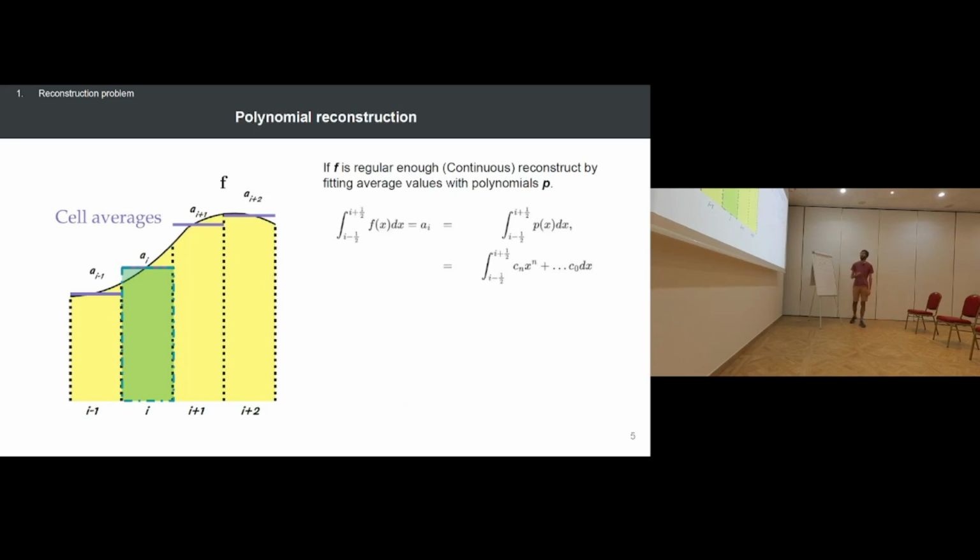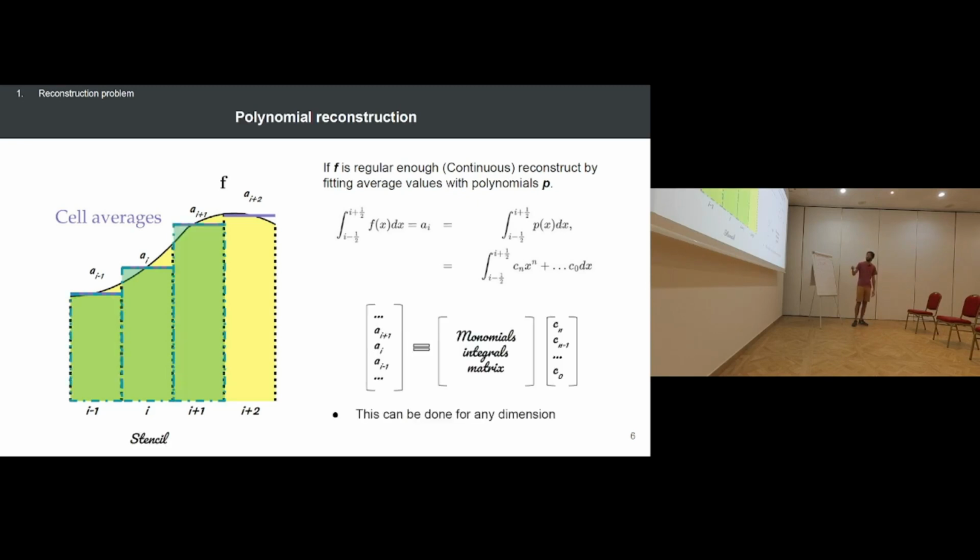problem. So the first thing: if the function is sufficiently regular, if you have some hypothesis, you know a bit about it beforehand, you can try to reconstruct it just by fitting polynomials in some of the regions. You can write a polynomial with its coefficients, which are in principle unknown, and you use a stencil around the cell you would like to reconstruct. So we reconstruct cell by cell.